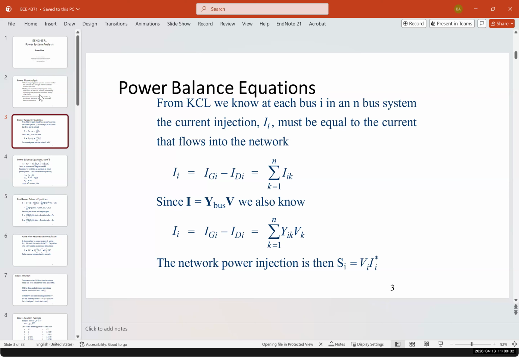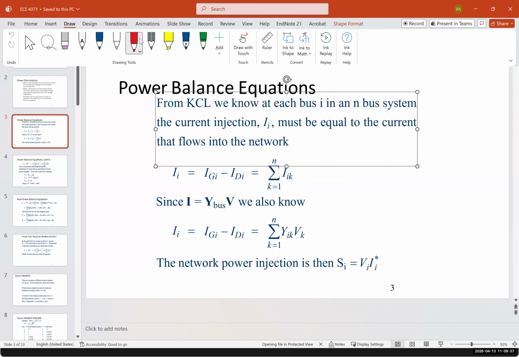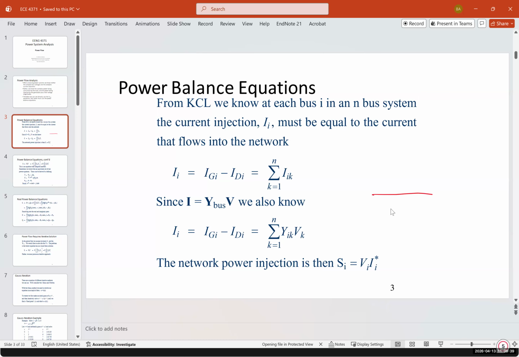So the total current in a bus is the generation, G, and the load, D, minus each other gives us Ii from the bus. Now, if we have multiple generators and multiple loads connected to a bus, we can expand it like sigma from k=1 to N of Iik.